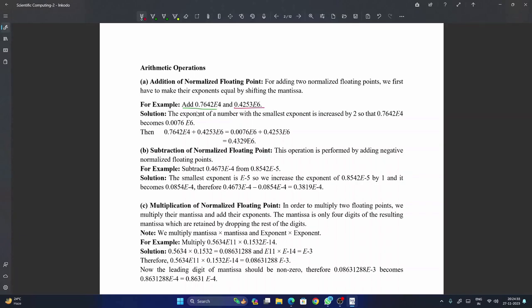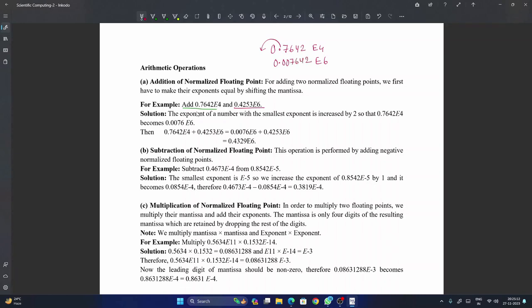Whenever you make it, what will you get? 0.7642 e4 is exponent 4, but we need exponent 6. So you are dividing by e2, and your point will be shifted 2 steps to the left, that means 0.007642.